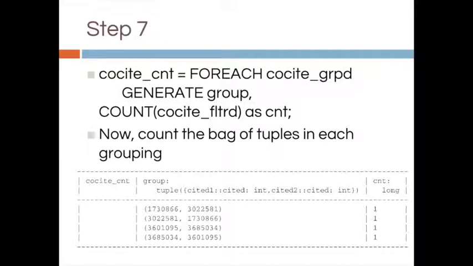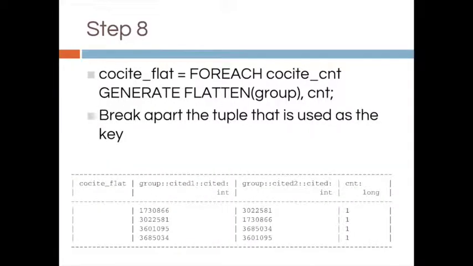That generates this table where we have patents cited together and the number of times that they were cited together from the previous table. To generate our final table, we can create this cosite flat table by taking each record in the previous one and flattening its group attribute.